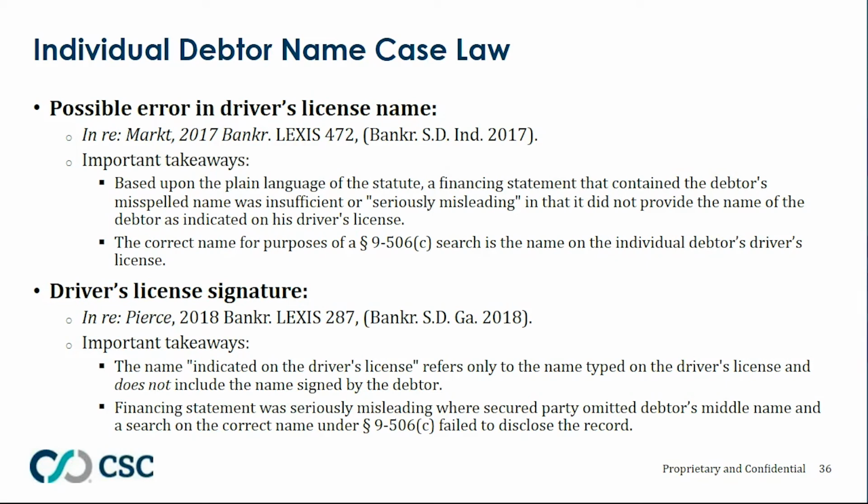The court said no. The court said the name indicated on the driver's license refers only to the typed name, and because it didn't match the typed name, the name on the financing statement was not the name of the debtor, and it didn't show up on the 9-506(c) search, so it was seriously misleading and not effective.